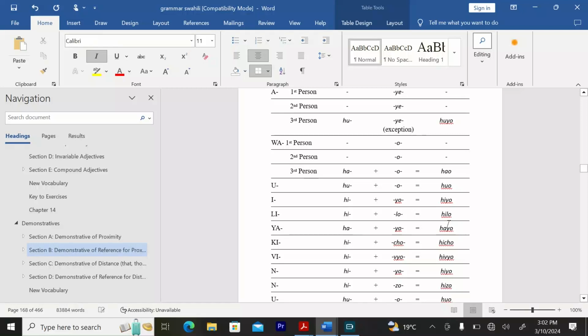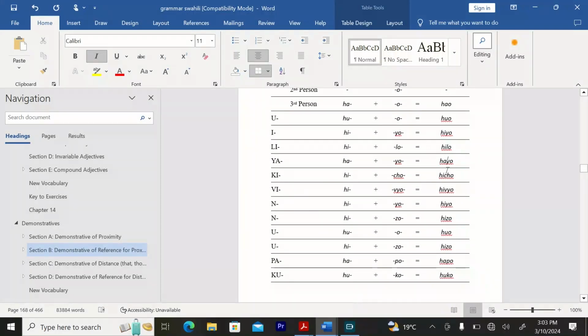Jani hilo, majani hayo. Then we have the ki-vi class, hi and cho, and hi and vyo to form hicho and hivyo. Kiti hicho, viti hivyo. Then we have the i-zi class, hi to form hiyo and hizo.